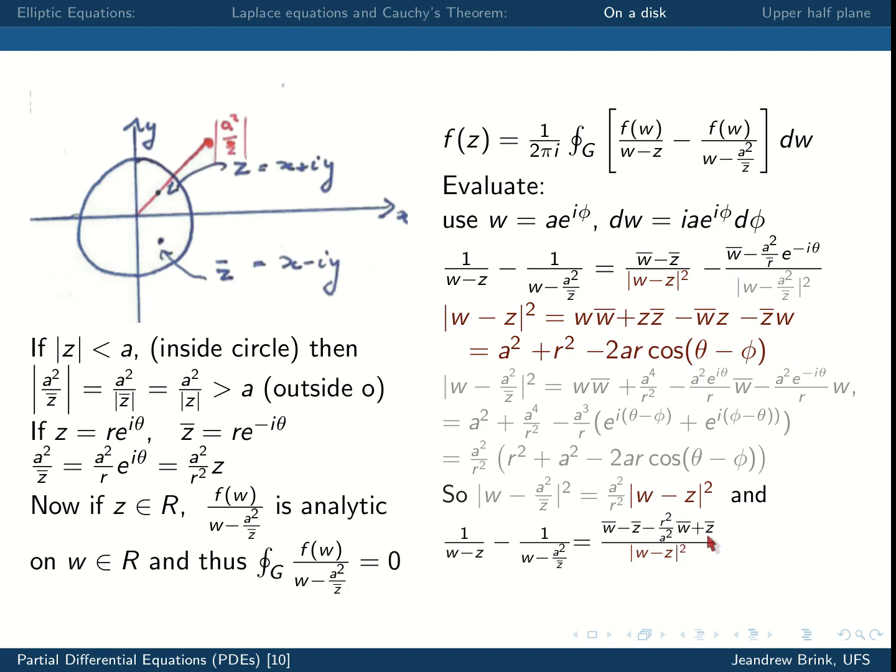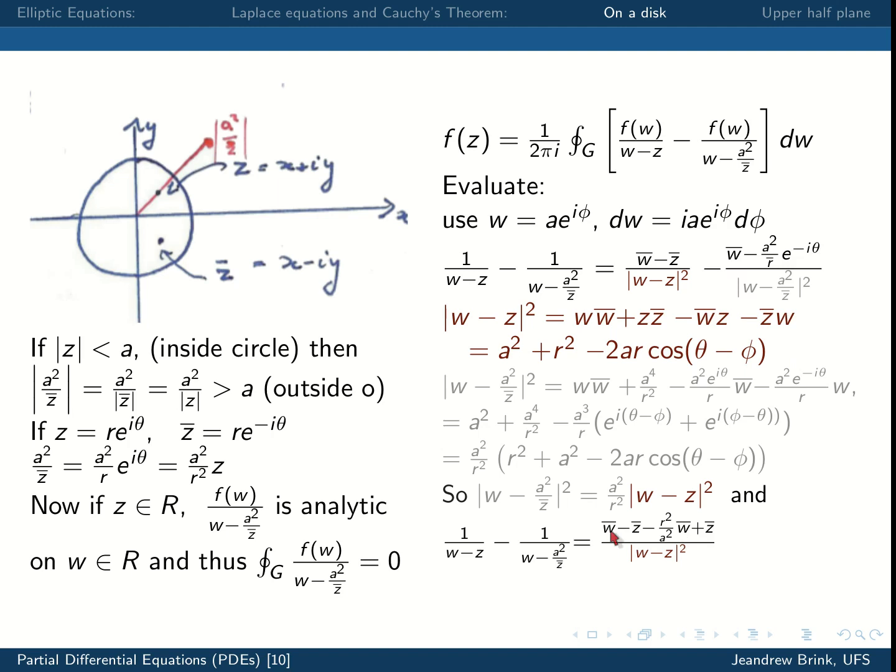Okay, so we've multiplied this thing by r squared over a squared, because we replaced the grey thing with this denominator. So there we have a common denominator.